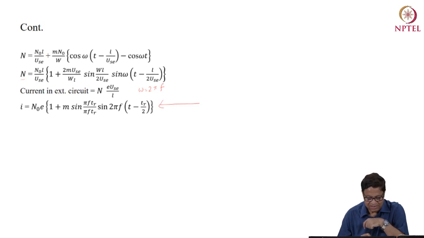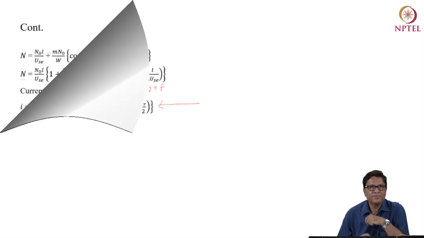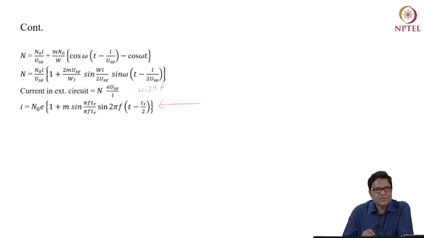So the current which is generated in the external circuit is N0 into E into 1 plus m sine pi f tr, where tr is the transit time, sine into 2 pi f into (t minus t transit by 2). So this is the current which is generated in the external circuit.